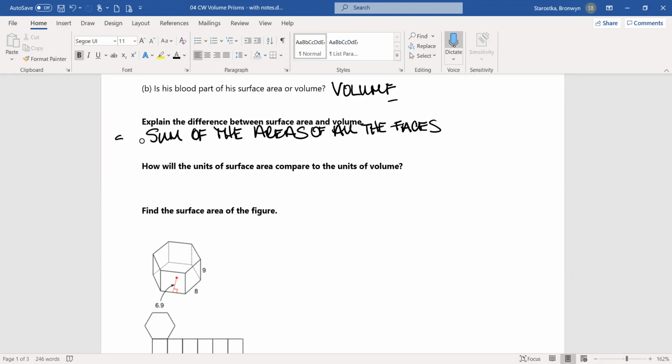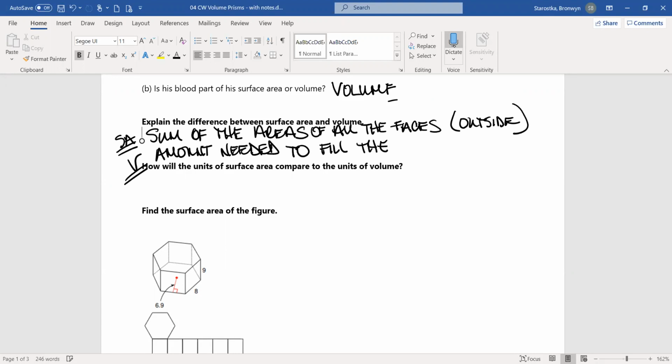So when we talk about surface area, we're talking about the outside. And when we talk about volume, it's the amount needed to fill the object. Inside.